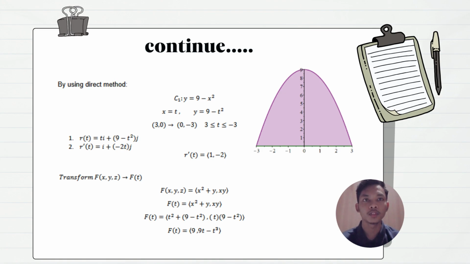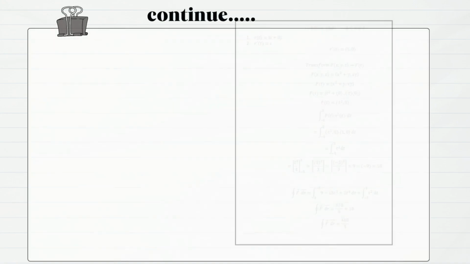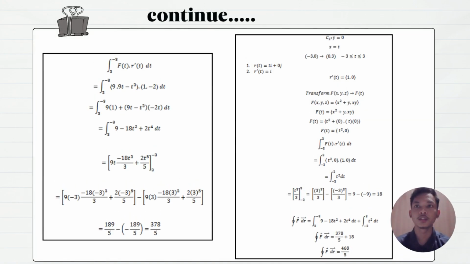Finally, we transform the vector field into terms of t by substituting x and y. This results in F of t becoming the vector 9, 90 minus t cubed, which is now ready to be integrated.